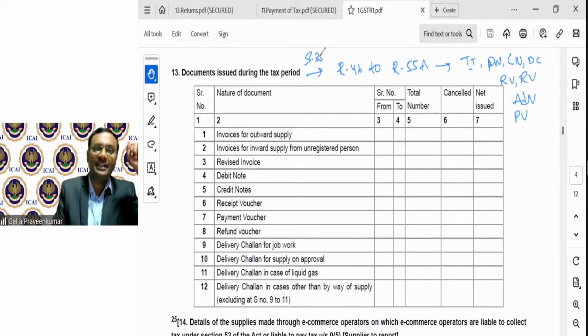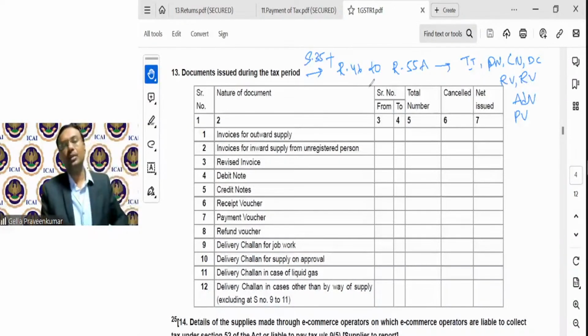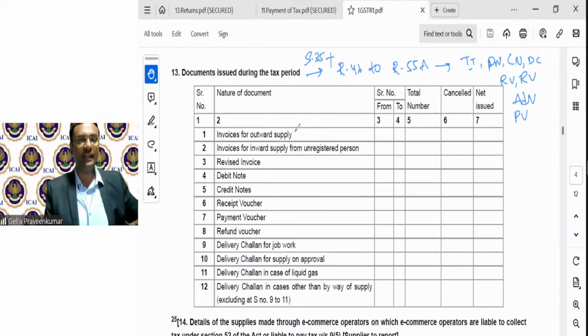Section 35, which deals with your books of accounts, read with Rule 46 to Rule 55A. So that details: invoice for outward supply, invoice for inward supply, this is your self-tax invoice, revised invoice after registration, debit note, credit note, section 34, receipt voucher, payment voucher, rule number 56. Sorry, rule number 55. Refund voucher, rule 55, delivery challan, rule number 55.